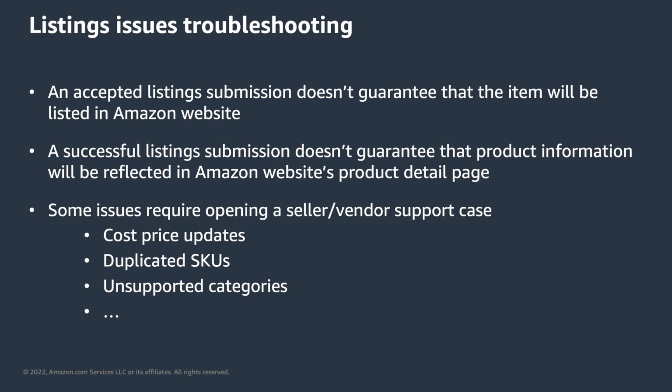Finally, there are some issues that you won't be able to solve using the API and will require opening a seller or vendor support case. Examples of these are attempts to increase or significantly decrease cost prices, situations where duplicated SKUs are identified in the selling partner catalog, unsupported categories, and more. All this information will help you set your selling partners' expectations and define the corresponding processes.